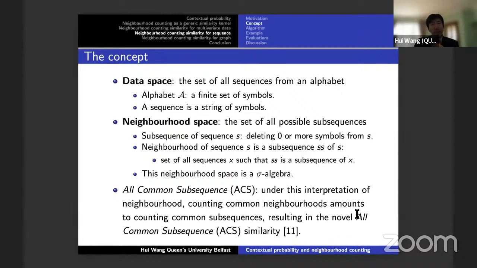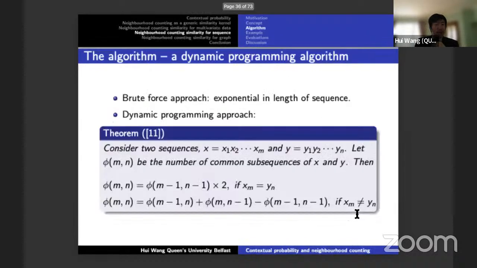We can certainly take the brute force approach. We can consider all possible sequences, and then check whether each one is a subsequence or not. That is certainly not efficient. It turns out we have efficient algorithms for calculating this quantity. We have designed two algorithms.